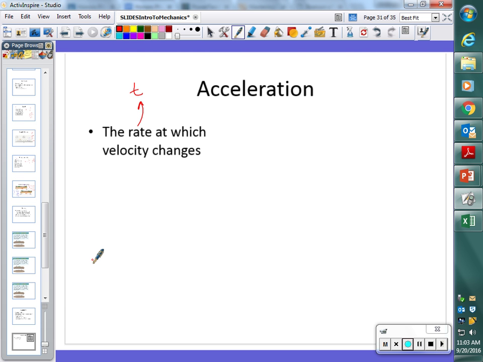How are we going to represent the change in velocity? What notation do we use to represent the change in something? You answered the question before. Delta V, because it's the change in velocity.